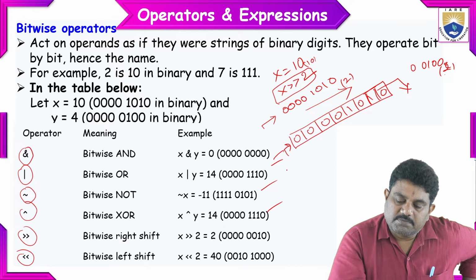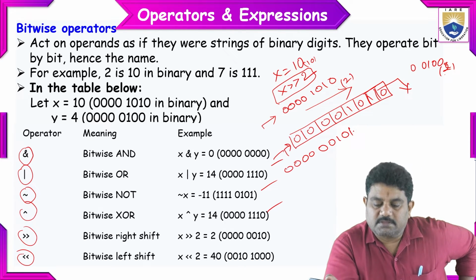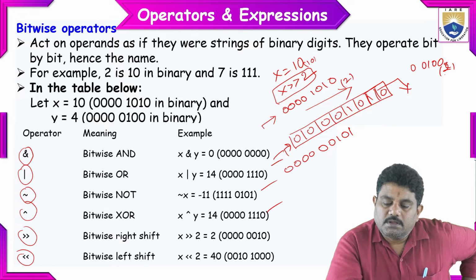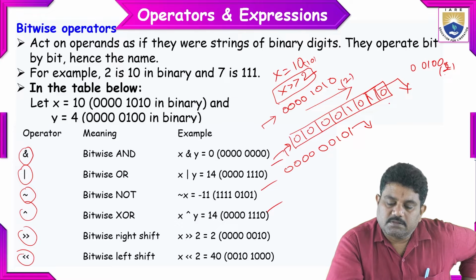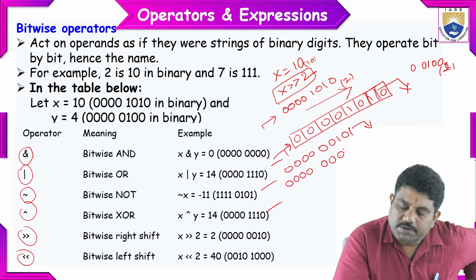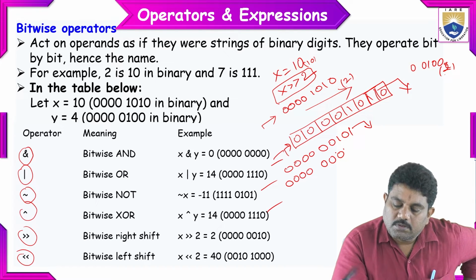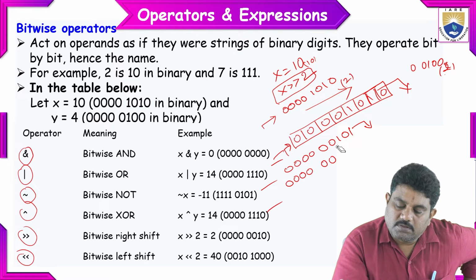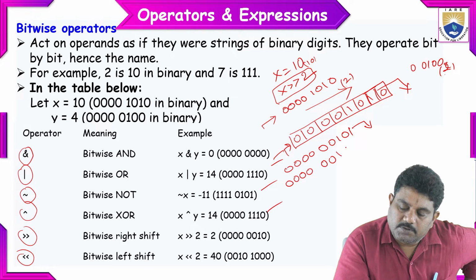Now this value becomes 0 0 0 0 0 1 0 1. Now again, one more shift, two shifts in total. Now it becomes 0 0 0 0 0 0 1 0. It becomes like this.